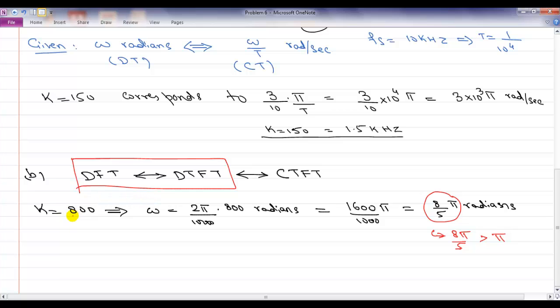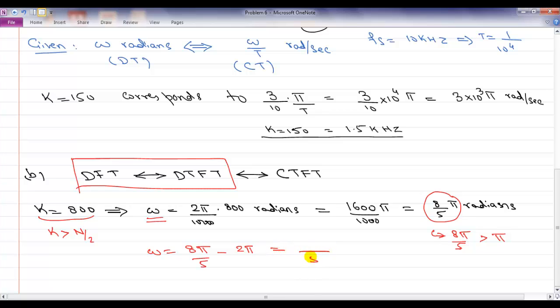If we want to get that, what do we have to do here? So an immediate way of seeing this should have been actually that k is bigger than N by 2, and whenever you are bigger than N by 2, you have to do this sort of bringing it back into the minus π to π range. So this omega is 8π by 5, but that is also equal to, because of the periodicity of discrete frequencies, 8π by 5 minus 2π.